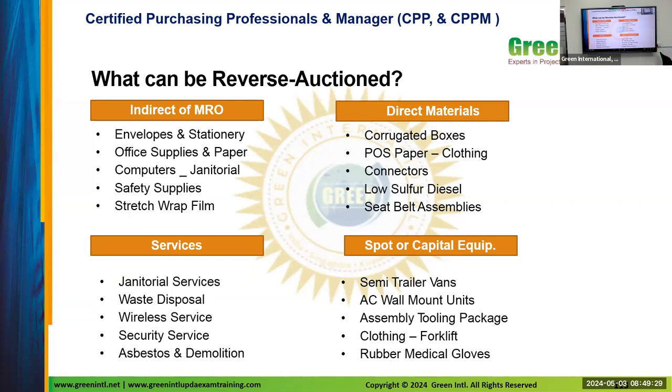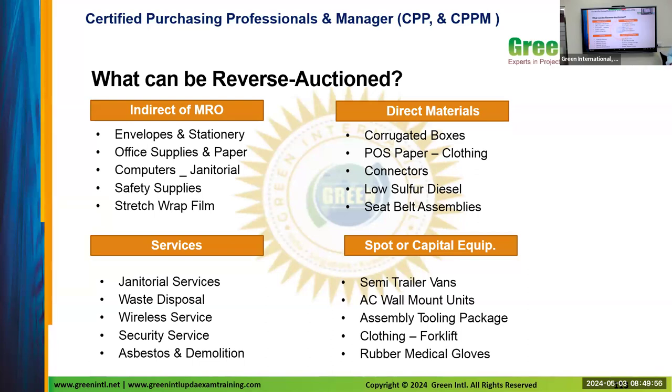Services: janitorial service, waste disposal, wireless service, security service, asbestos and demolition. For example, there is a requirement for a cleaning contract for a building. There are lots of facility management companies out there, so a reverse auction can be conducted.